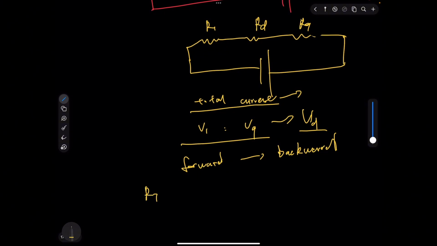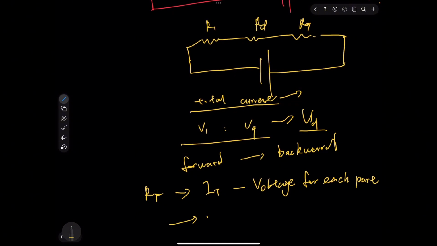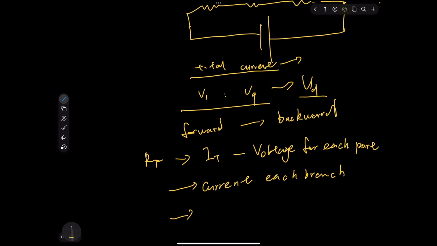So the idea is RT, then we get IT, then voltage for each part. Then we get a current for each branch. After we get the current for each branch, we get a voltage drop.